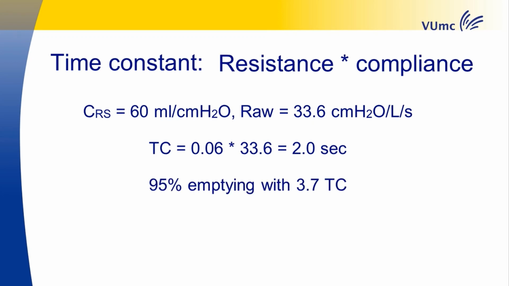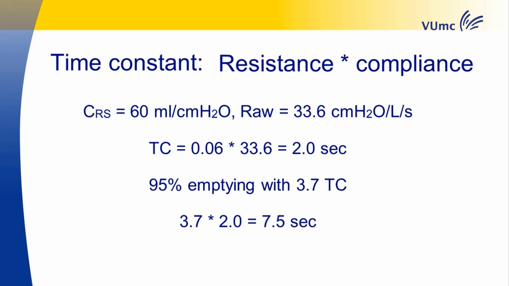After 3.7 time constants, it's empty for 95%. So basically, there's no risk of hyperinflation. So 3.7 times the time constant we just calculated is 7.5 seconds. So that's the time we need for exhalation, right?